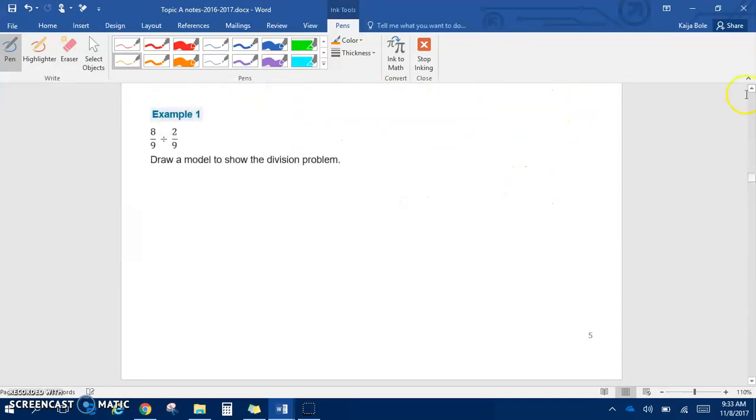If we look at example 1, it says draw a model to show the division problem. So we have 8/9 here. We're asking how many groups of 2/9 are in 8/9.